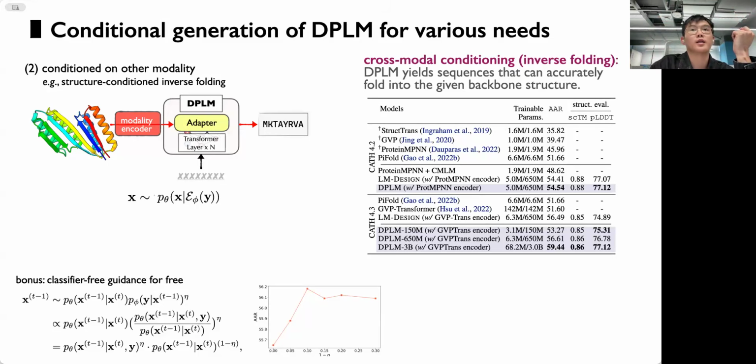So you can treat it like a translator or connector that transforms structure information to bias the hidden representation of the language model, making the hidden representation more structure-aware.